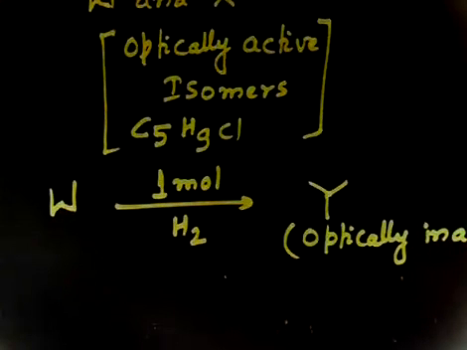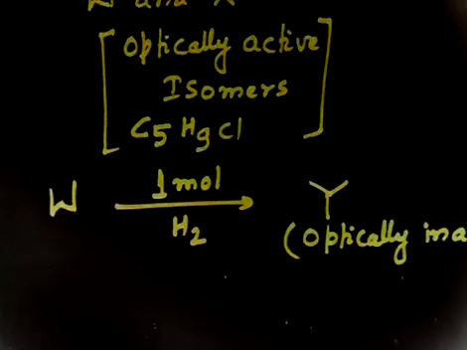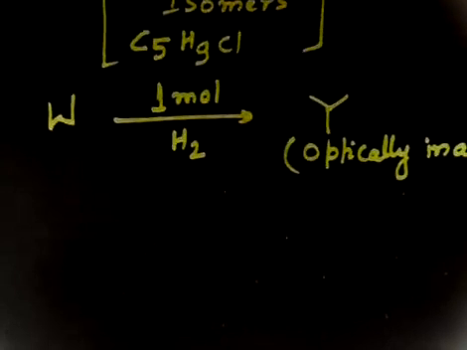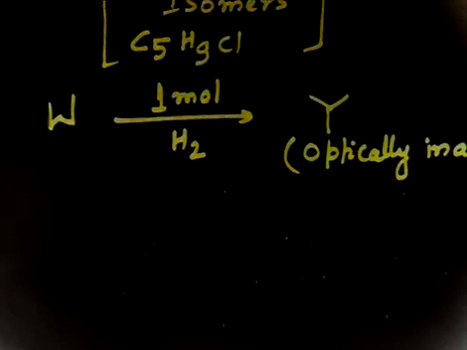This means there are two groups attached to the same carbon that are the same kind of group, with the only difference being a double bond.